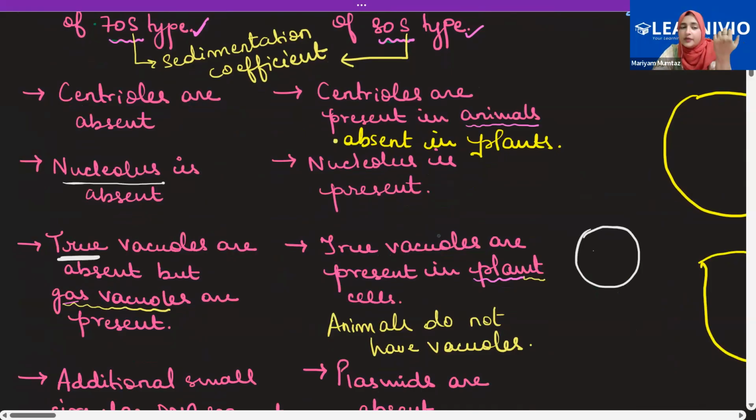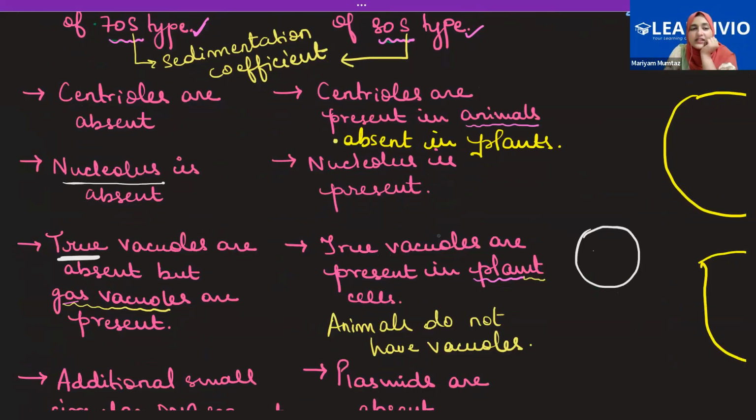Further, the prokaryotes do not have centrioles. What are centrioles? These are spherical structures that are involved during cell division. They are absent in plants under the eukaryotes, but they are present in animals. Talking about the nucleolus, inside the nucleus there is a spherical structure called the nucleolus, which is absent in prokaryotes because they do not have any nucleus to begin with.